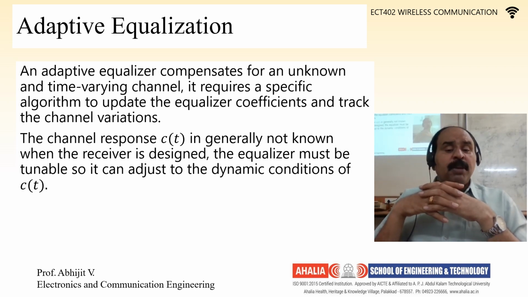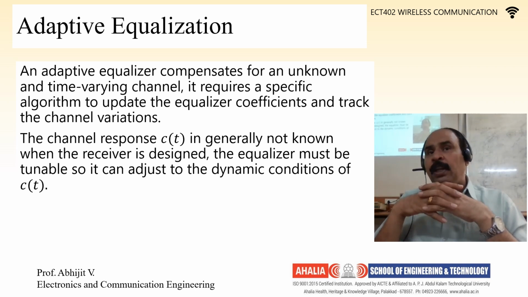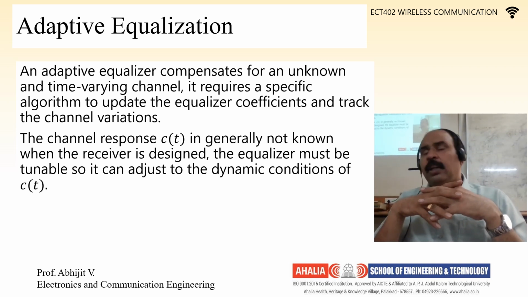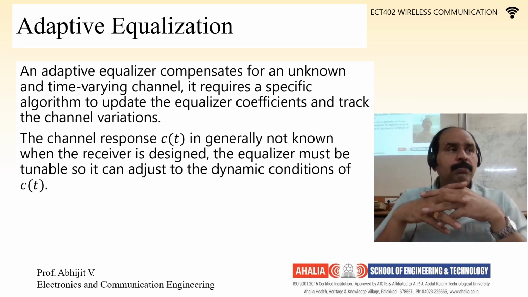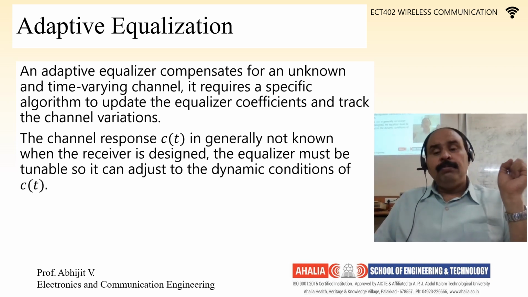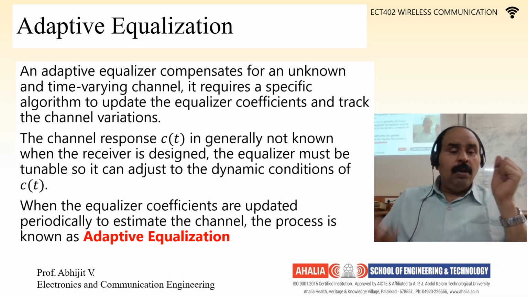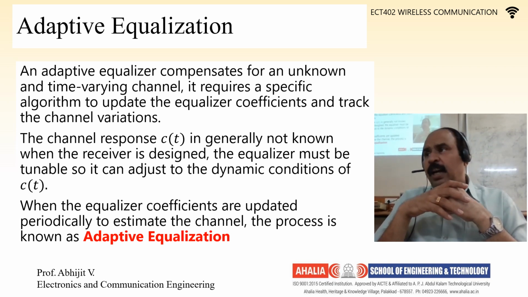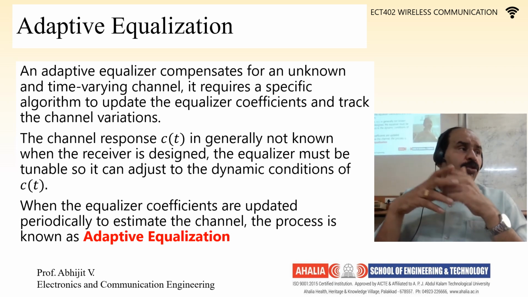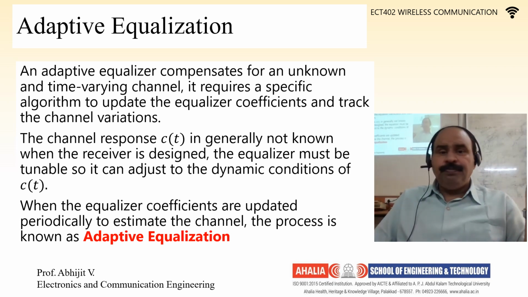The equalizer must be tunable so that it can adjust to the dynamic conditions of the response of the channel, denoted by C of t. When the equalizer coefficients are updated periodically to estimate the channel, the process is known as adaptive equalization.